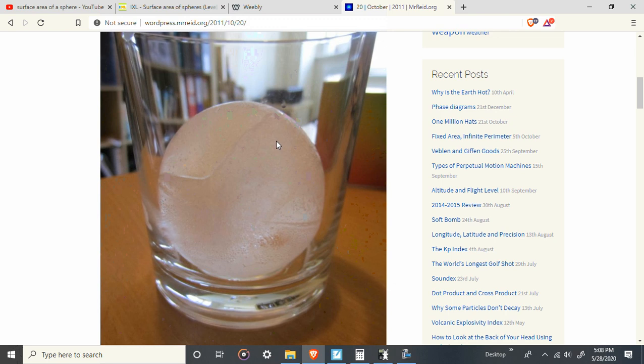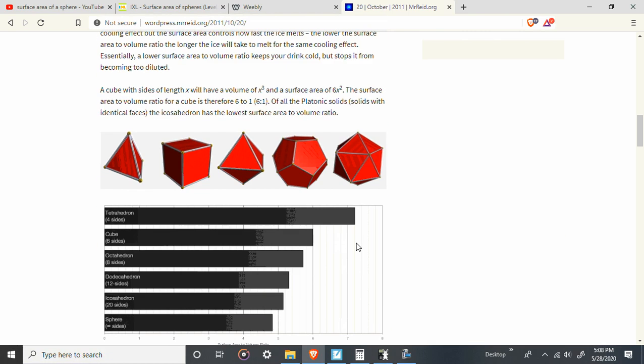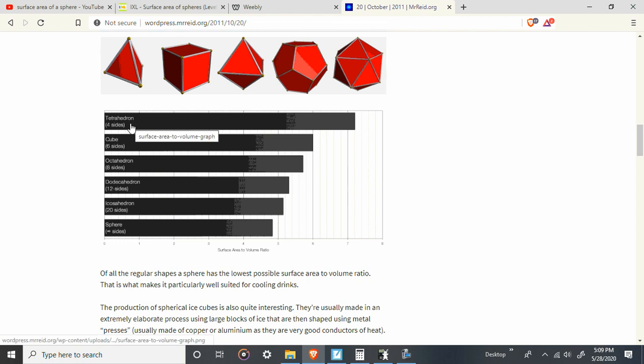So for the same amount of volume, it minimizes the surface area. And if you look down here, as we add more and more sides, the amount of surface area in comparison gets lower and lower and lower.